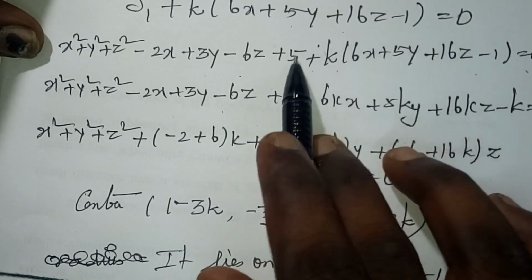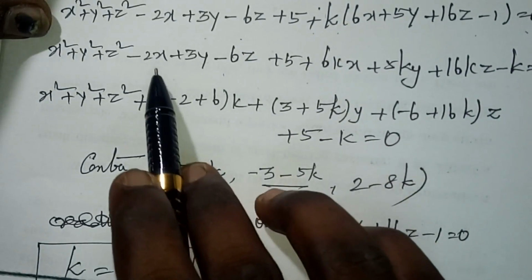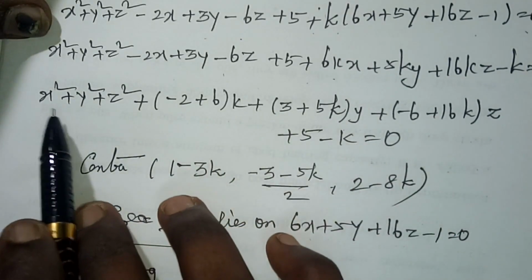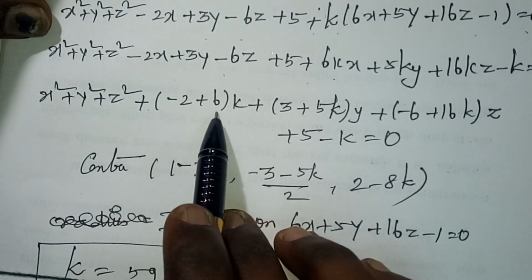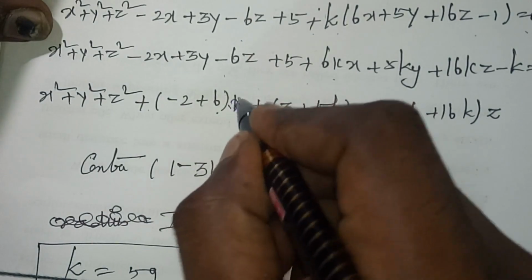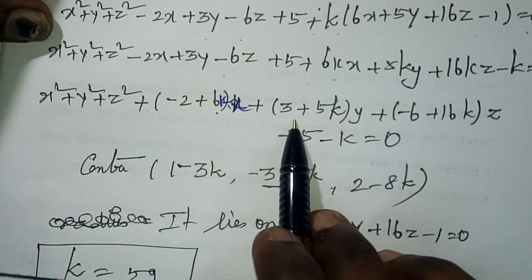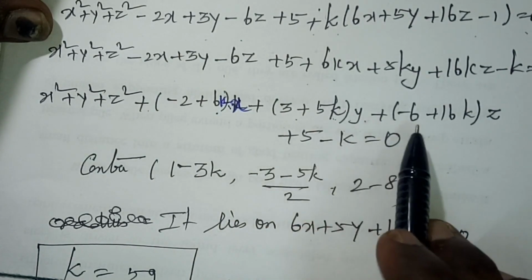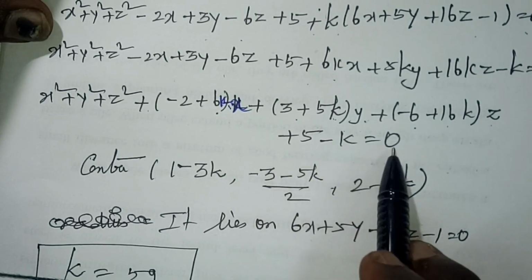Multiplying k with this equation, x is common, so x² + y² + z² + (−2 + 6k)x + (3 + 5k)y + (−6 + 16k)z + 5 − k = 0.